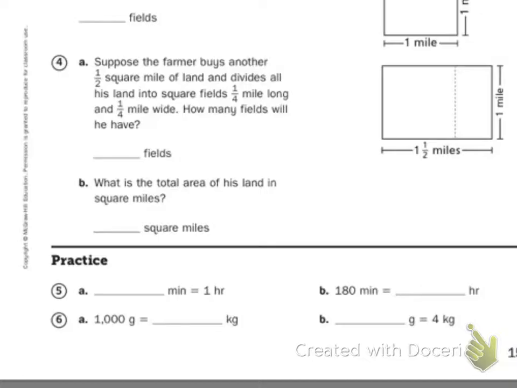Then it says, suppose the farmer buys another 1/2 square mile of land and divides all of his land into square fields that are 1/4 mile long and 1/4 mile wide. How many fields will he have?